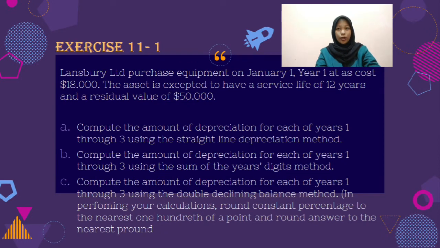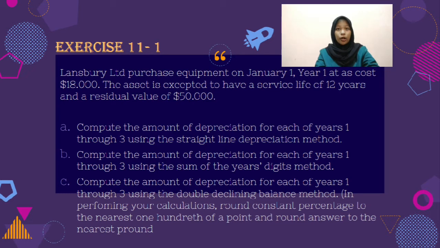I will explain about exercise or E11.1. Lansbury Ltd purchased equipment on January 1, year 1 at a cost of £518,000. The asset is expected to have a service life of 12 years and a residual value of £5,000. Instruction A. Compute the amount of depreciation for each of year 1 through 3 using the straight line depreciation method.